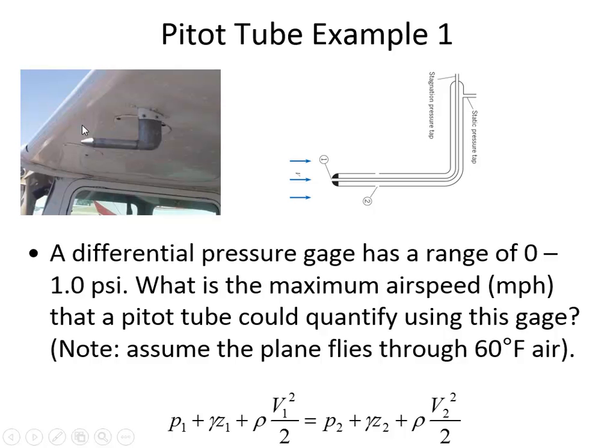Even if it was flying straight up, we wouldn't have to keep track of the Z because the difference in elevation is going to be so negligible, especially in a gas like air. Even if we were using the pitot tube to measure the difference in pressure in a liquid, as close together as those two are, the Z1 versus the Z2 is going to be negligible. But since it's flying horizontally in this example, we can have Z1 and Z2 be equal.